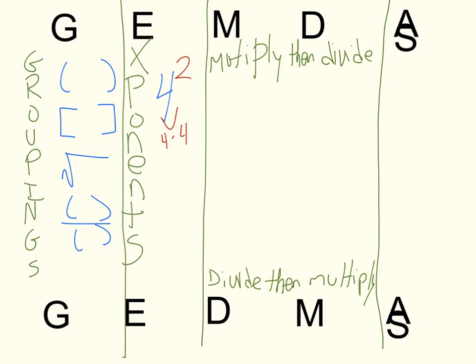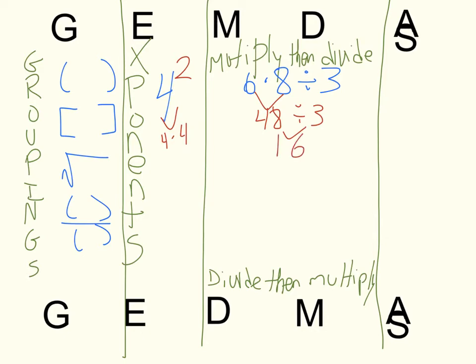So as an example, again, pause if you're still writing, we have 6 times 8 divided by 3. In this case, I'm going to do my 6 times 8 first, which is 48. I'm going to bring down the divided by 3. 48 divided by 3 is 16.